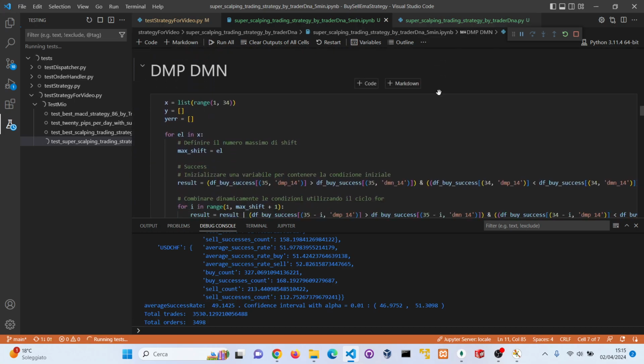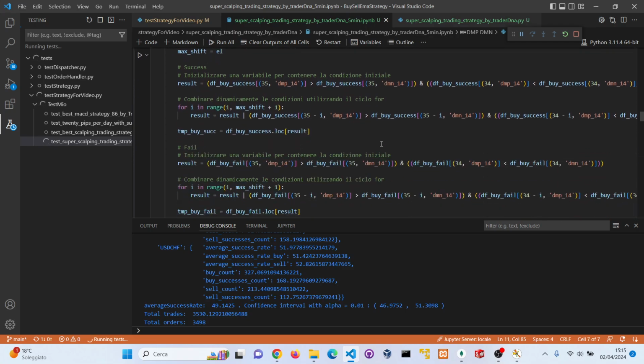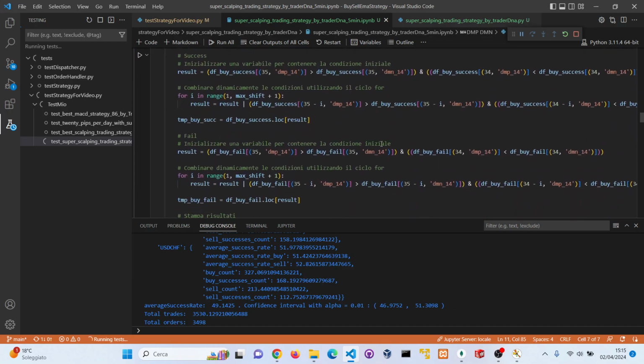For example, in this case I tried a filter with the DMP and DMN. What are DMP and DMN? If you don't know, ADX is an indicator you can find on the internet, so search for it if you don't know what it is. It has two sub-indicators: the directional movement positive and the directional movement negative. What I'm doing right now is checking a crossover in these two sub-indicators, and checking how the average success rate changes.